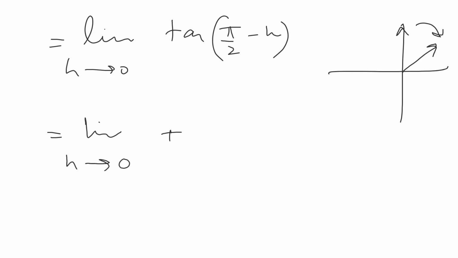And since it is y-axis, pi by 2 is y-axis, so tan changes to cot h. Fine. Okay. So this is equal to cot 0.